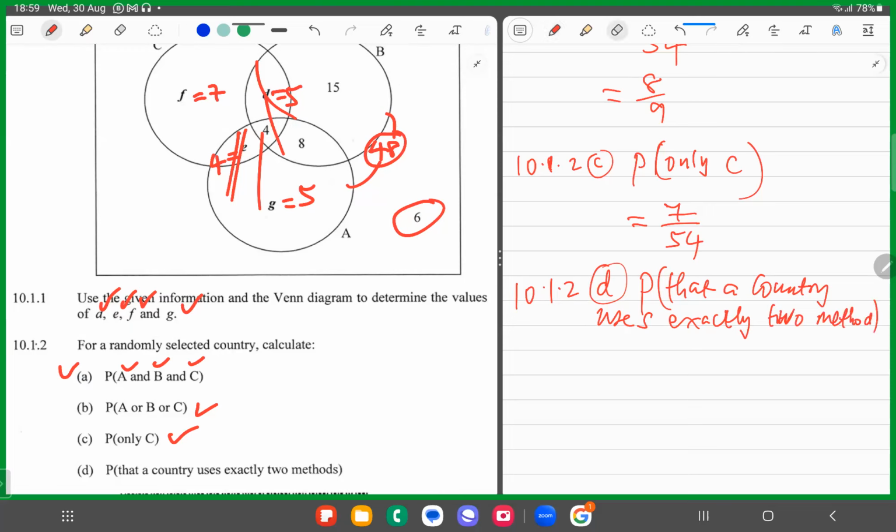What is the probability of this? The probability that a country uses exactly what? Two methods.